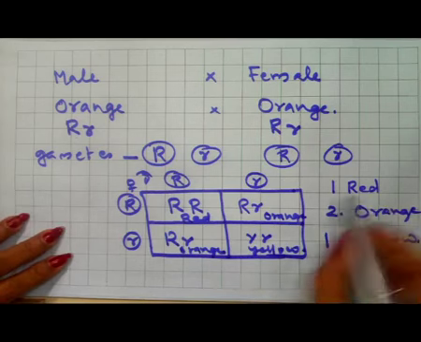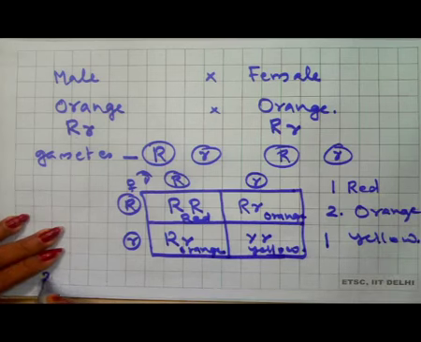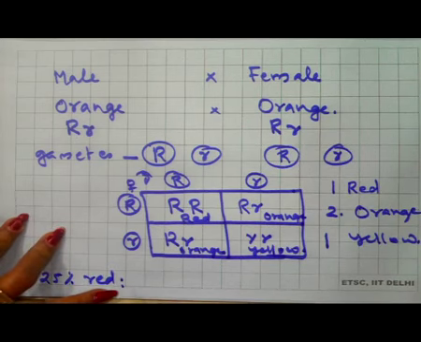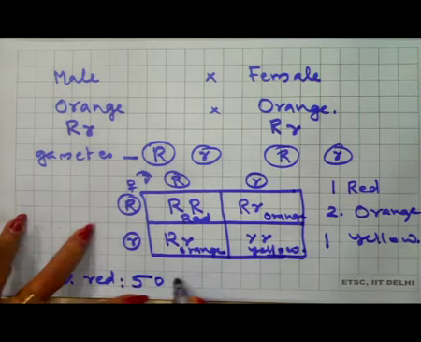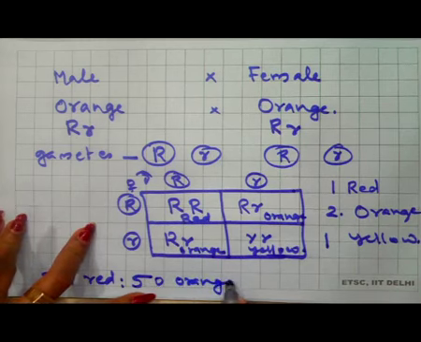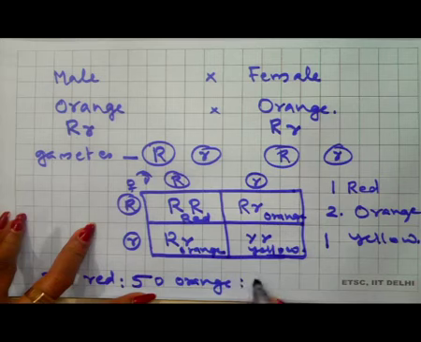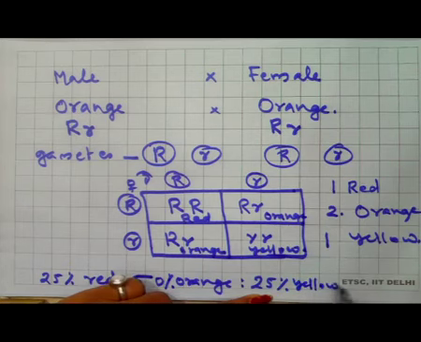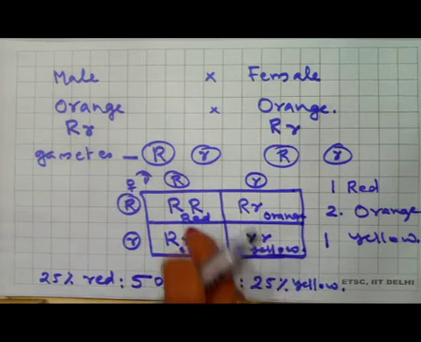That means again 25% red fruited one, 50% orange fruited one, and again 25% yellow fruited one. So, here is your answer.